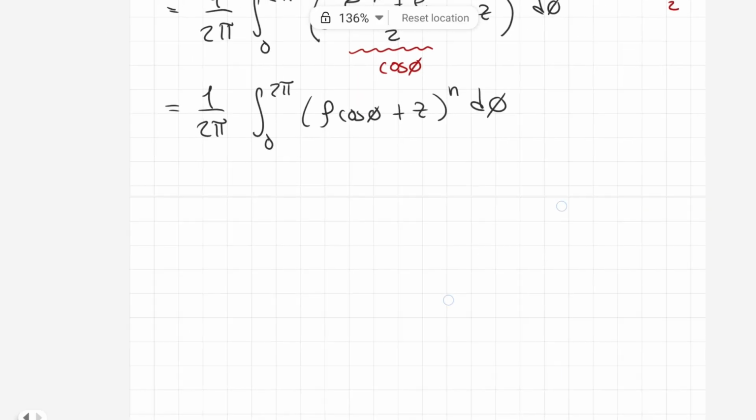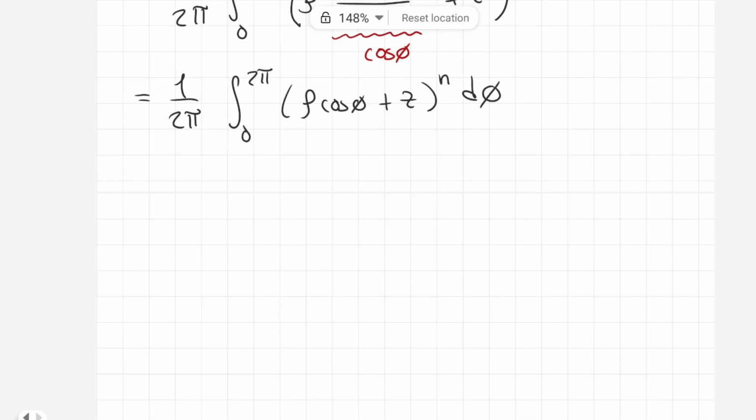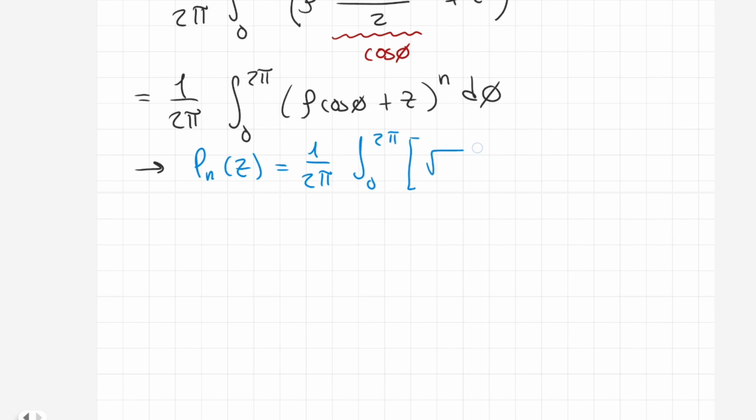Okay, perfect. So if we go back with the definition of rho that we made, we are going to get something known as the Laplace relation for Legendre polynomials. That is going to be 1 divided by 2 pi, the integral from 0 to 2 pi of the square root of z squared minus 1 cosine of phi plus z to the n d phi.